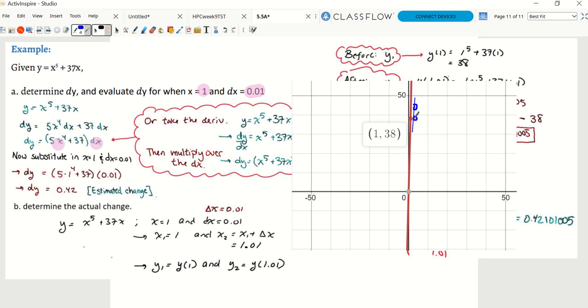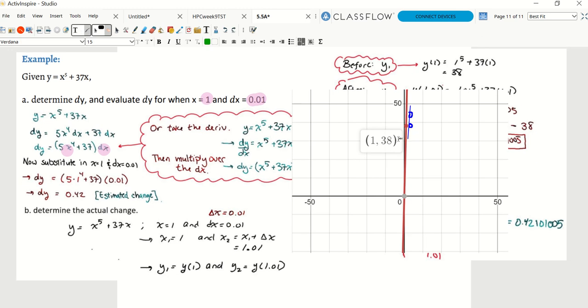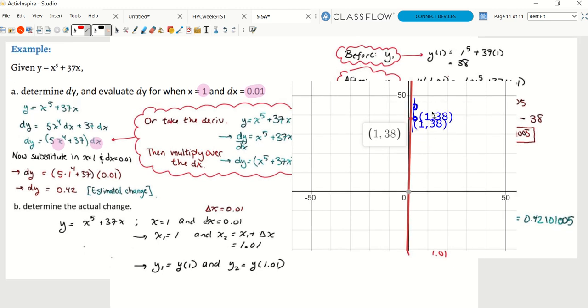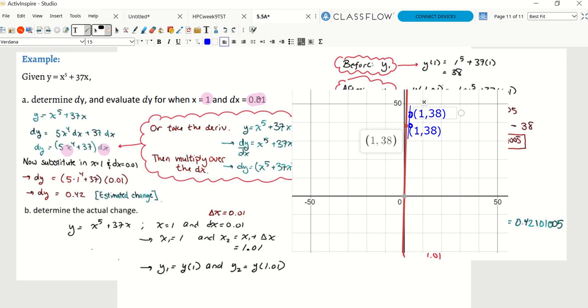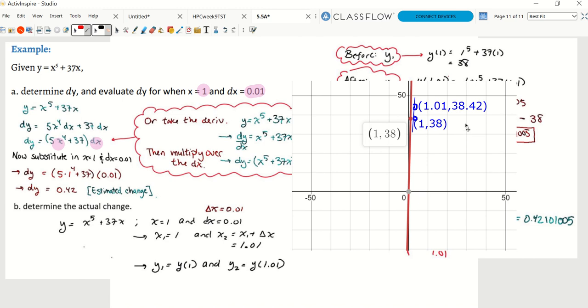This blue point is supposed to be a perfect overlap with this red point. If this blue point was 1, 38, then this new blue point would be 1.01, because remember, going right 0.01, and it's going to be up 0.42.